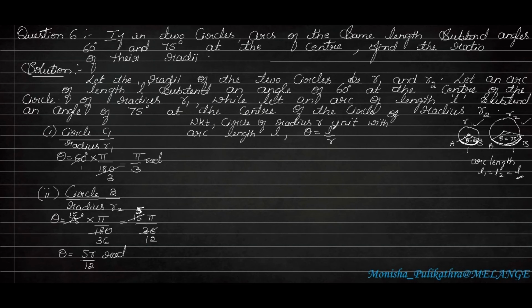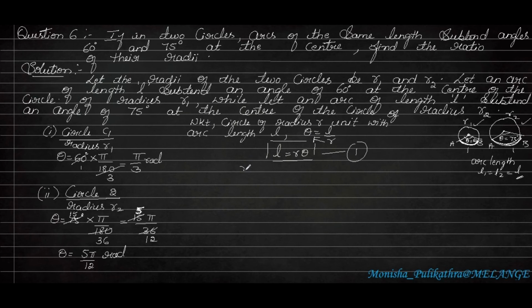L is the same in both cases, but we don't know the arc length. So I am just cross multiplying it and it becomes L is equal to R theta. Let this be equation number 1. By cross multiplying, L is equal to theta R, and L is the same in both the circles.